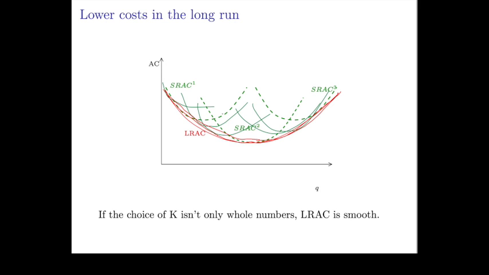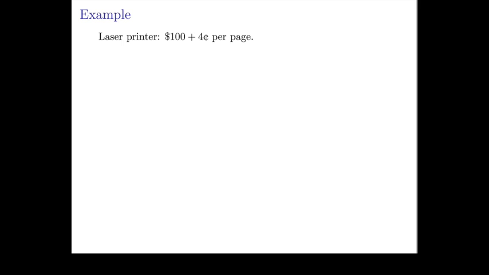So let's look at this with an example just to get a more concrete sense of what's going on here. Let's suppose you get to pick between a laser printer, which costs you $100 to buy the printer and then 4 cents a page, or you could buy an inkjet printer, which costs you $30 to buy up front, but then the per page cost is a little higher, it's 7 cents a page.